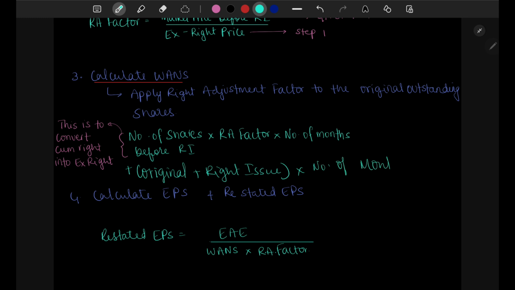It's not only for the original one. Obviously the number of shares after the rights issue will also have to be added to the weighted average number of shares.